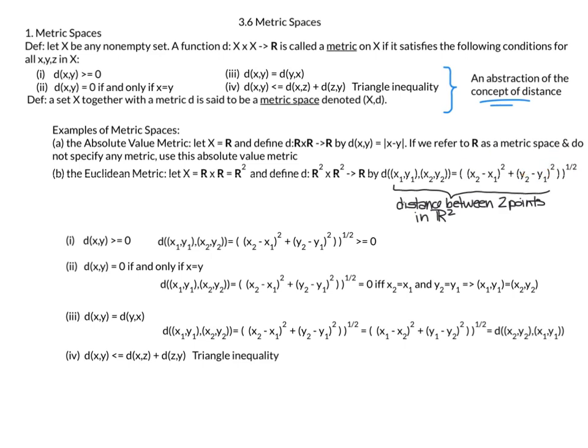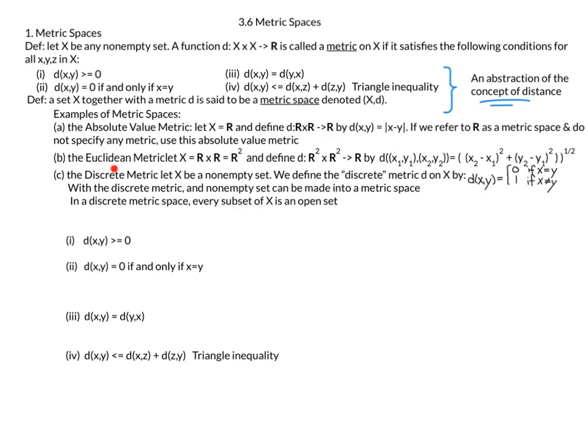In other words, this is what you commonly think of as the distance between 2 points in the R2 plane. And here I have some notes just outlining how the Euclidean metric satisfies the four conditions. And I left out the triangle inequality, again, because it's a bunch of algebra that I didn't want to do.